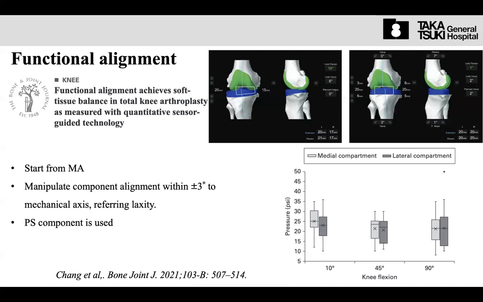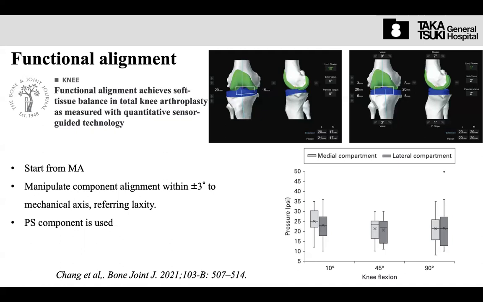Do you know there are two types of TKA philosophy basically? Anyway, there are two types of TKA surgeon. Do you know? One is the measured resection surgeon, who will maybe be a CR user. Another one is the gapper.